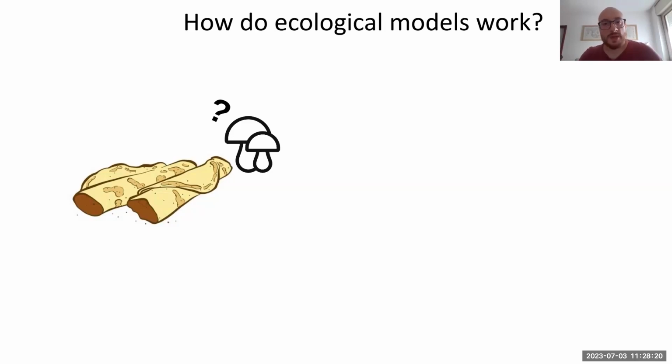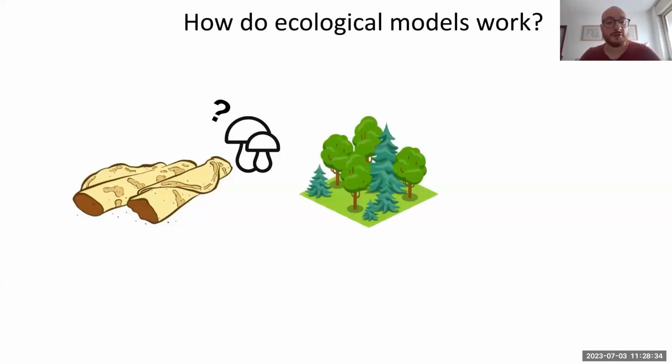Think that you wake up one day and you really want to prepare an omelette for lunch, but you don't have mushrooms with you. So what you can do is go and sample your favorite mushroom species in the forest. And when you are looking for your mushrooms, what you try to do is to associate the mushroom's presence with the ecological conditions where you can most likely find your mushroom.